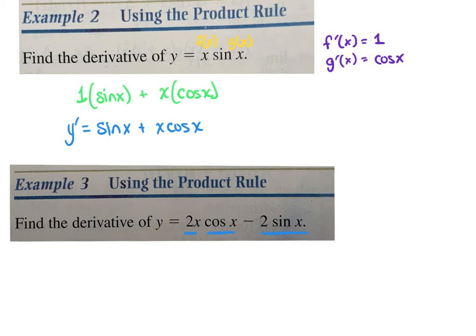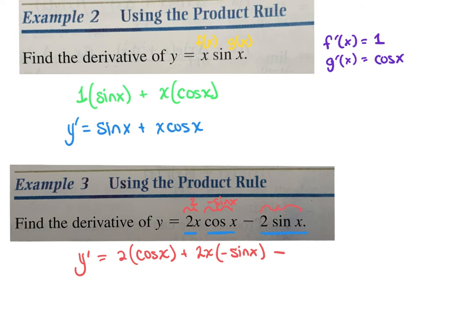My derivative of this guy is just 2. My derivative of this guy is negative sine of x. So I'm going to say derivative of the first times the second plus the first times the derivative of the second, minus, and then I have to do the derivative of this.